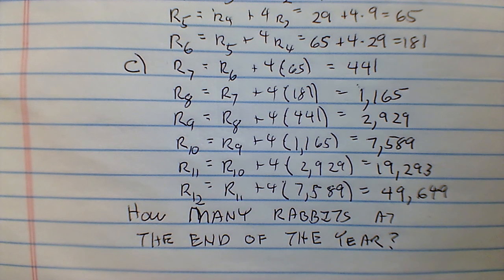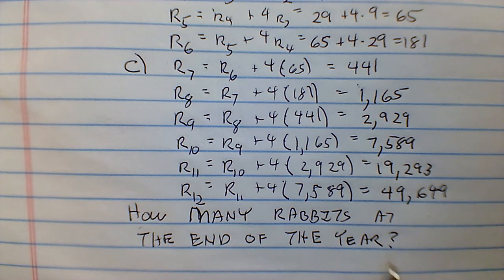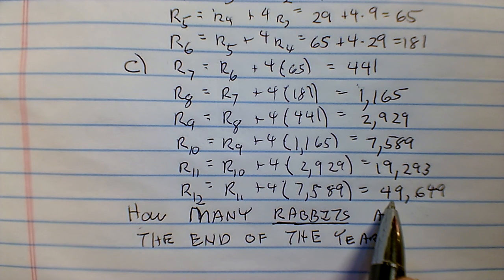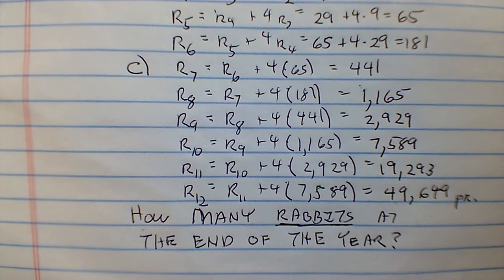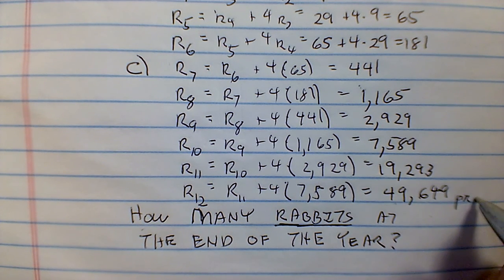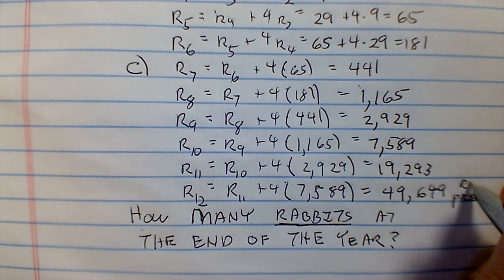But the other important point is, the question in C was, how many rabbits do you have at the end of the year? It's asking how many rabbits. People are almost always tempted to say 49,649. But remember, at the beginning of this problem, we said that was the number of rabbit pairs.